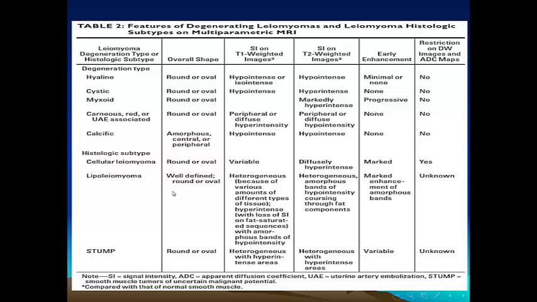The lipoleiomyoma has no enhancement, but the typical feature is that it has bright signal on T1. The STUMP, the potentially malignant smooth muscle tumors of uncertain malignant potential, is heterogeneous with hyperintense areas on T1, heterogeneous with hyperintense areas on T2, and it takes variable enhancement, restriction sometimes restricted and sometimes not, and unfortunately we could not differentiate it from the typical leiomyosarcoma on imaging.